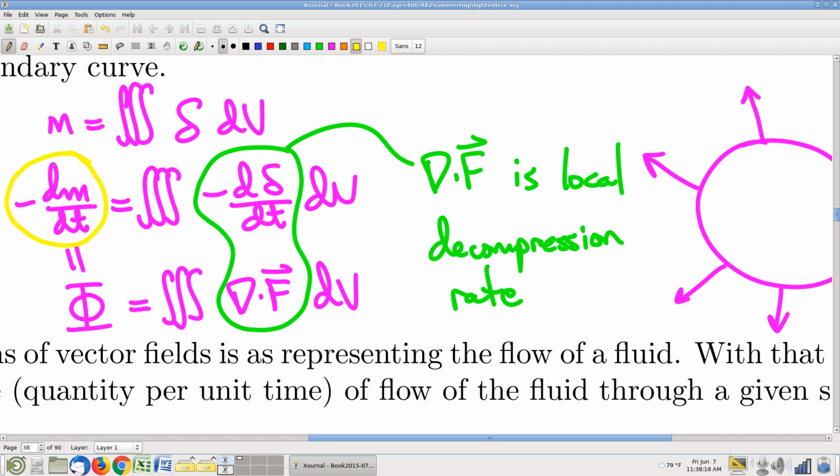If m represents how much mass you have inside of a solid region, dm dt would say how fast is the amount of mass increasing. Negative dm dt would then suggest how fast is the amount of mass decreasing. Oh, well, hey, wait a second. How fast is the mass decreasing? Let's go over to this picture here.